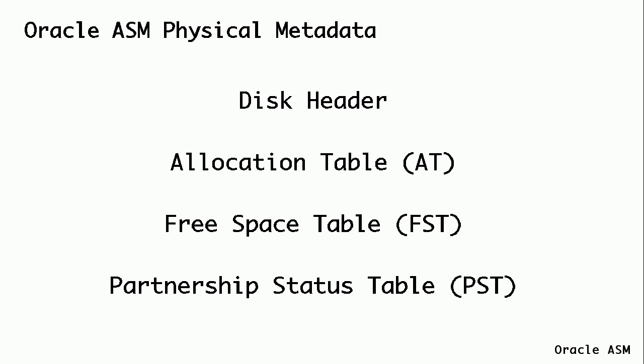Oracle ASM physical metadata is located on each disk at a fixed location. Oracle ASM physical metadata contains 4 metadata structures: disk header, allocation table, free space table, and partnership status table.